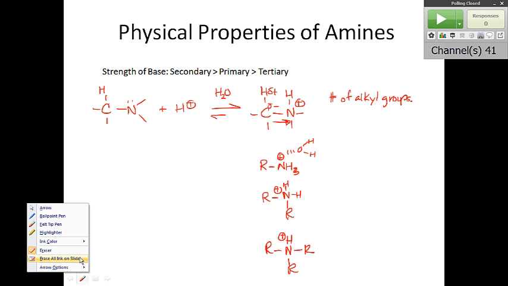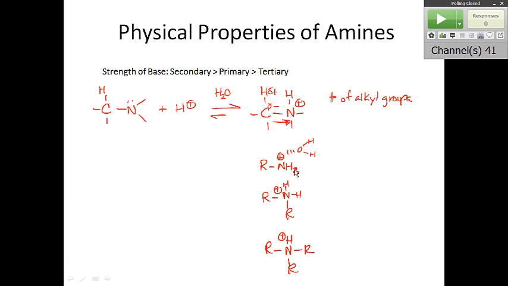And so what happens is that with a primary amine, you have only one alkyl group stabilizing the plus charge, but you have the most solvation of water. Well, the problem is that not only does the water solvate the product, it also comes over here and also solvates the reactant.